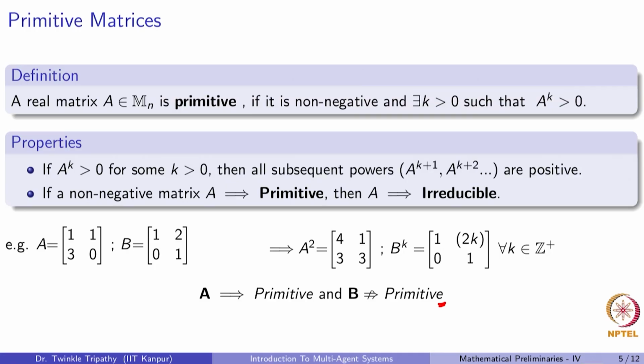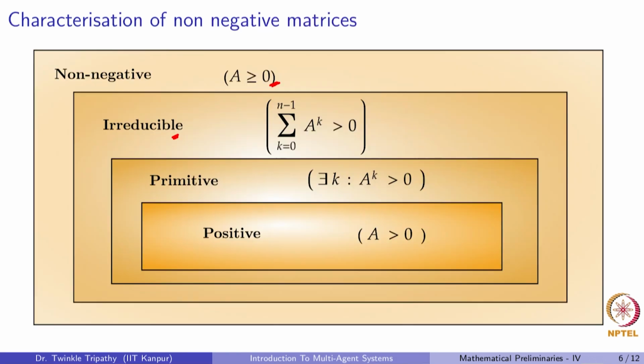And note that primitive matrices are not necessarily always positive, as we saw in the previous example. Let me show you this again. The matrix A here has a 0 entry, meaning it's a non-negative matrix, yet it is primitive, meaning that the set of all positive matrices is actually a subset of the set of all primitive matrices. So this is the characterization of the set of all possible non-negative matrices that one can construct.